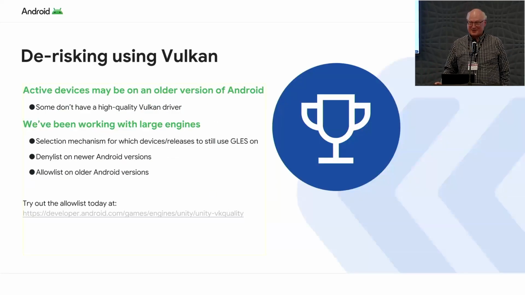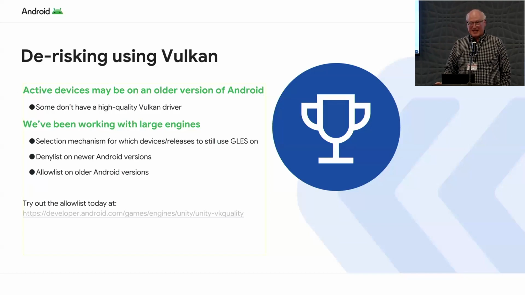So there's risk, right? Because as some people have pointed out, not all the phones update. They have this thing called Google Requirements Freeze, which means they don't have to update their drivers for a few releases. And so there's risk, right?